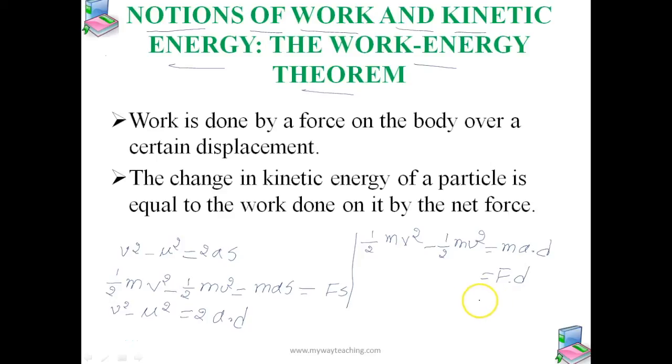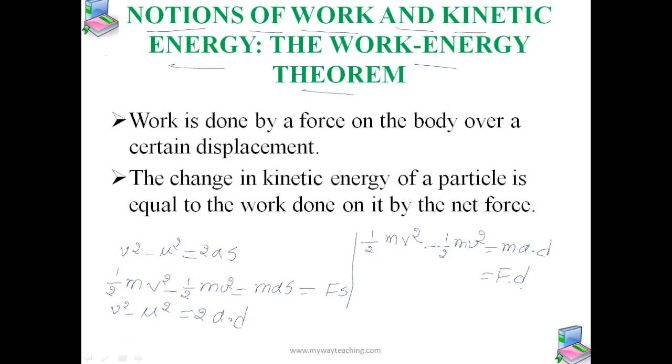So here half mv square is a kinetic energy component and half mu square is also a kinetic energy component, and the right hand side is the product of the displacement and the component of the force along the displacement. That quantity is called work. So F dot d is work.